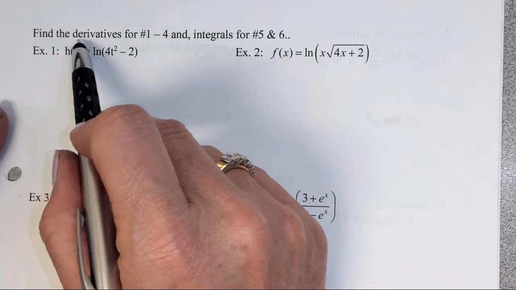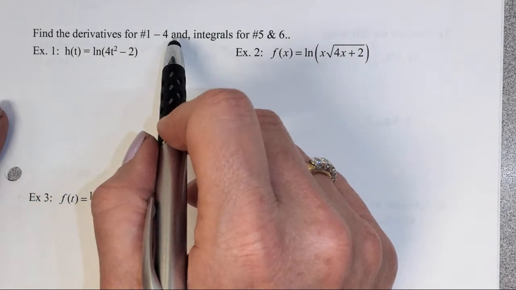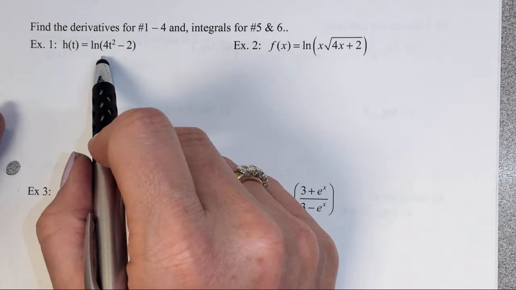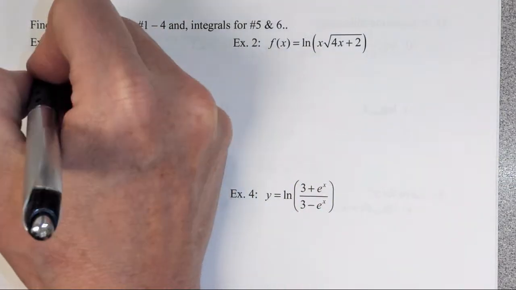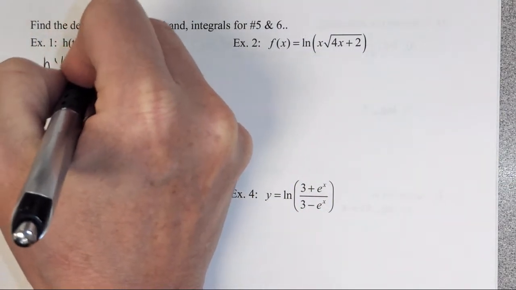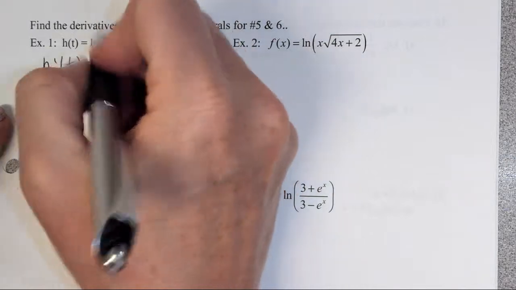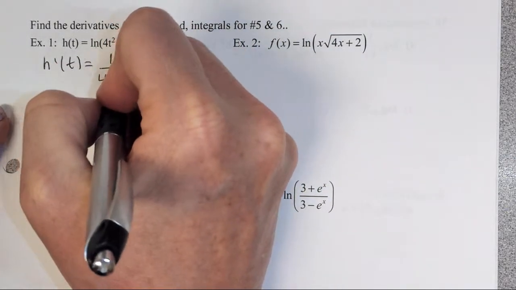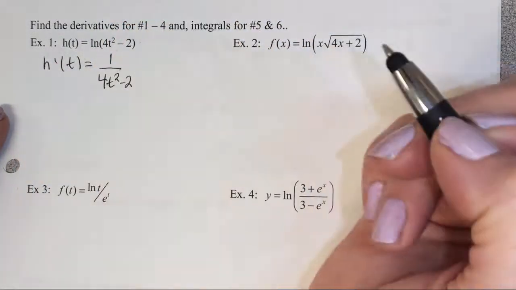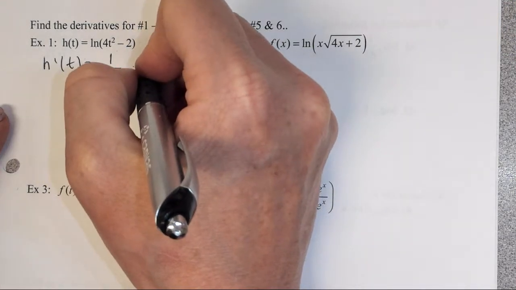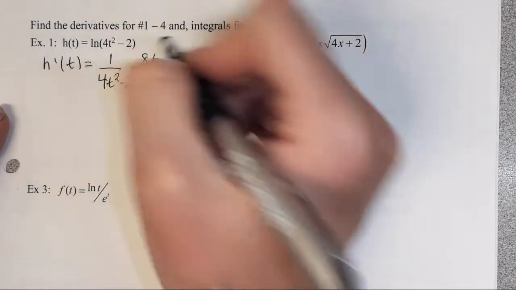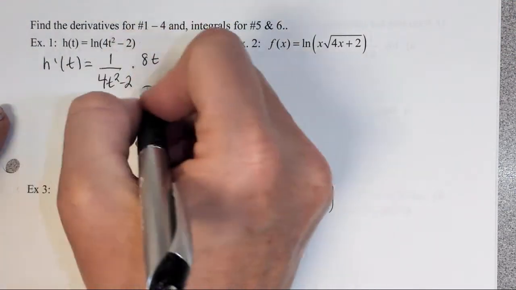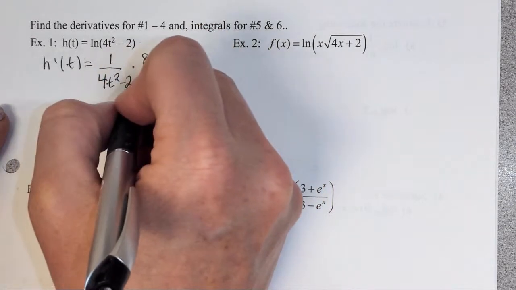So in the first part here, it says to find the derivatives for numbers 1 through 4. So to do this one then, it's a very straightforward problem. We have natural log of u, so it's 1 over u times u prime. What's u prime? 8t. And if you notice, we're going to have 8t over this and over this.